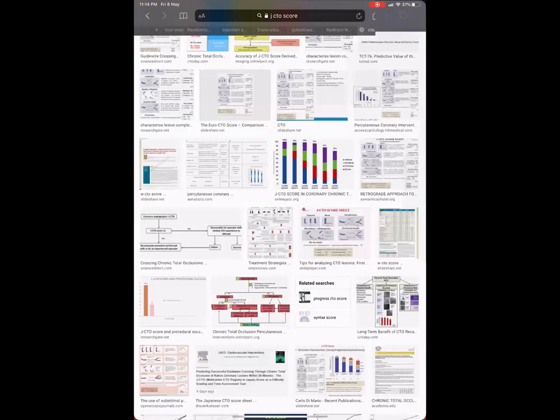In such subsets, whether CABG will have the same outcome as the CTO, which will take the same number of hours, and the contrast risk is also there. I don't know whether there is any head-to-head comparison between CABG and CTO, that would be more appropriate, I feel.